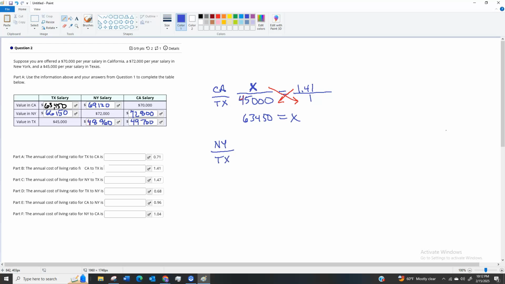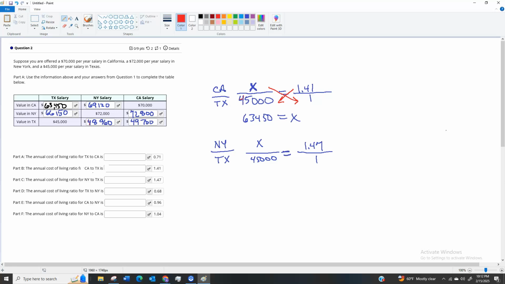You want to always have what you are looking for on the top. Texas, we know, is 45,000. And we're setting up a proportion. This is an equal sign, not a times. So with an equal sign, we want these to be in the same order. So New York to Texas. New York to Texas is 1.47.